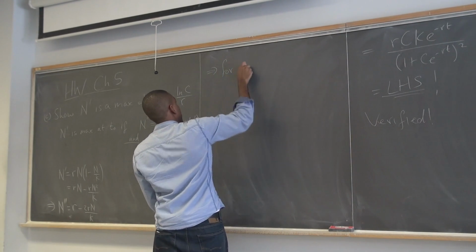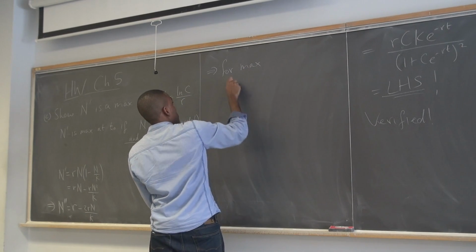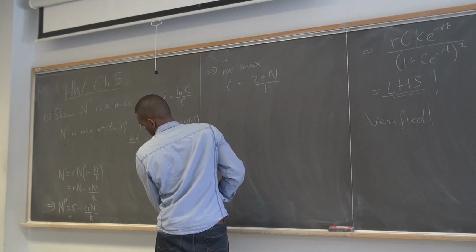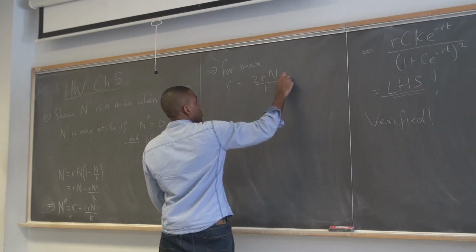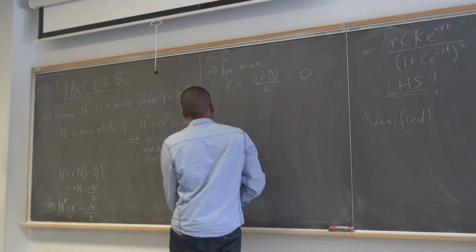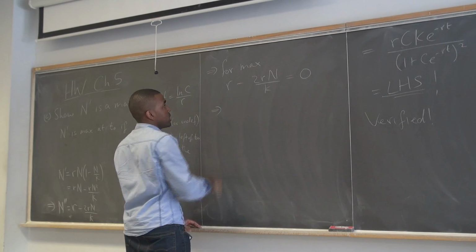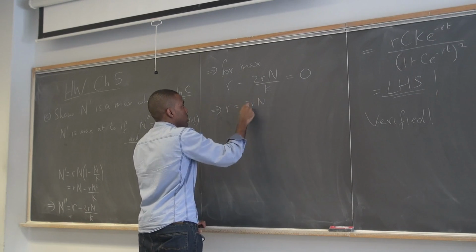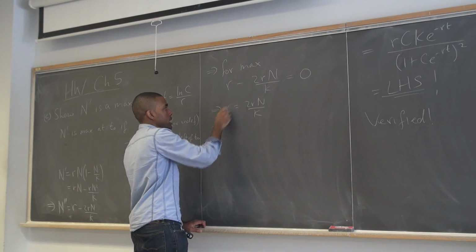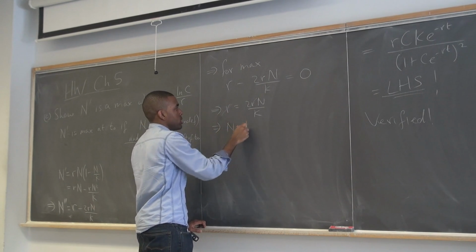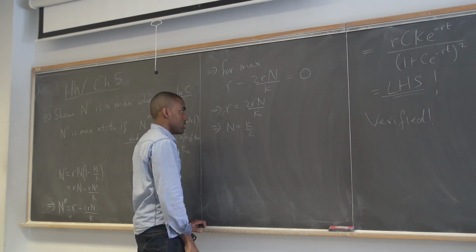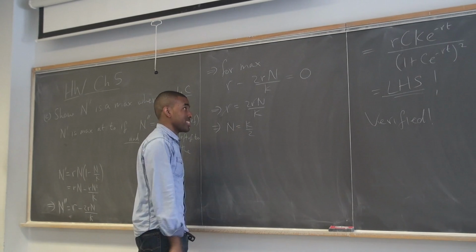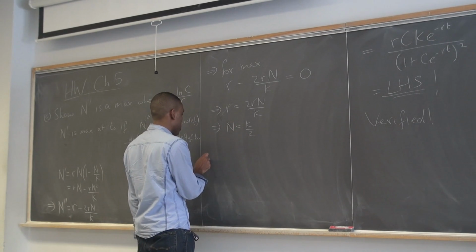So for max, we have that R minus 2 Rn over k should be equal to 0. This means R should be 2Rn over k, which means I can cancel those R's. Your n would have to be k over 2. We actually knew this already. We didn't have to do all this. And I think the question said it. See, that's why I should read the problems.